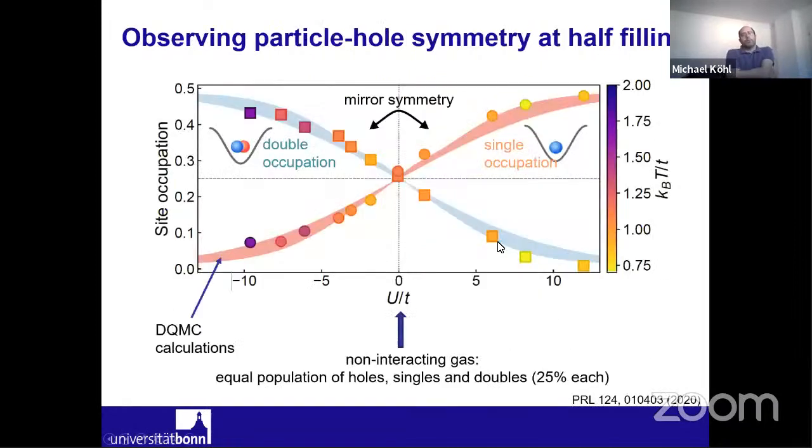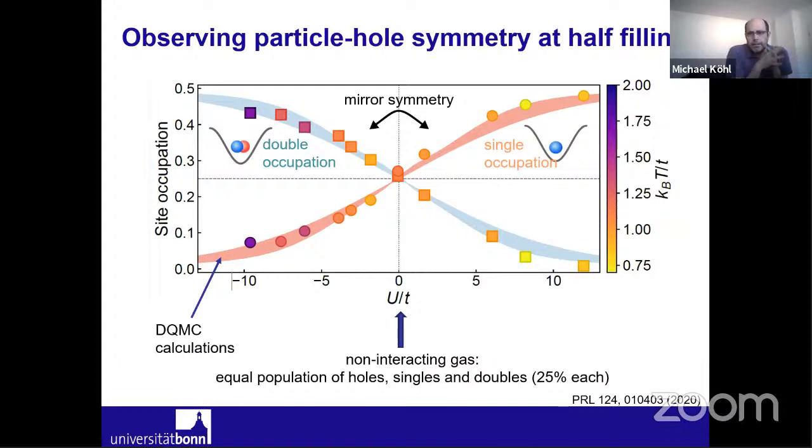So the first thing for us was to just look at the particle-hole symmetry at half filling. That is a very conceptually simple experiment, and also from the interpretation it's very simple. So when we start out with zero interaction and half filling, so that is the point here at the very center of the plot, then we have 25% singly occupied sites, 25% doubly occupied sites.